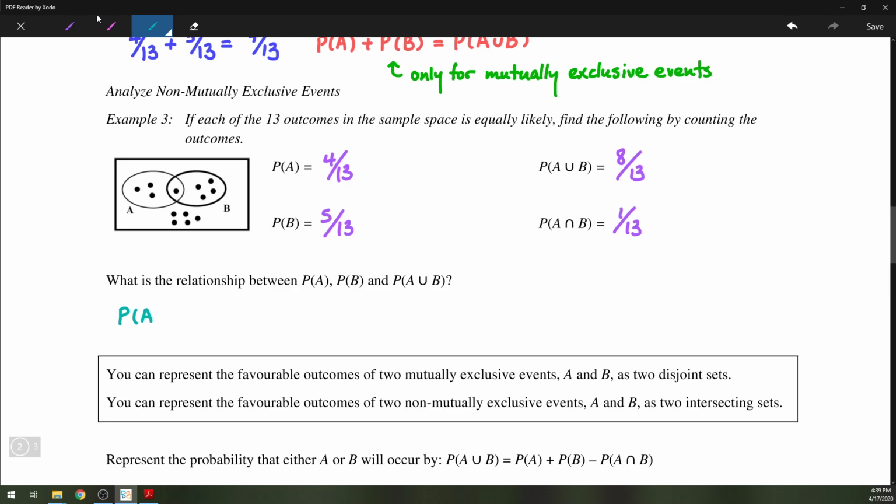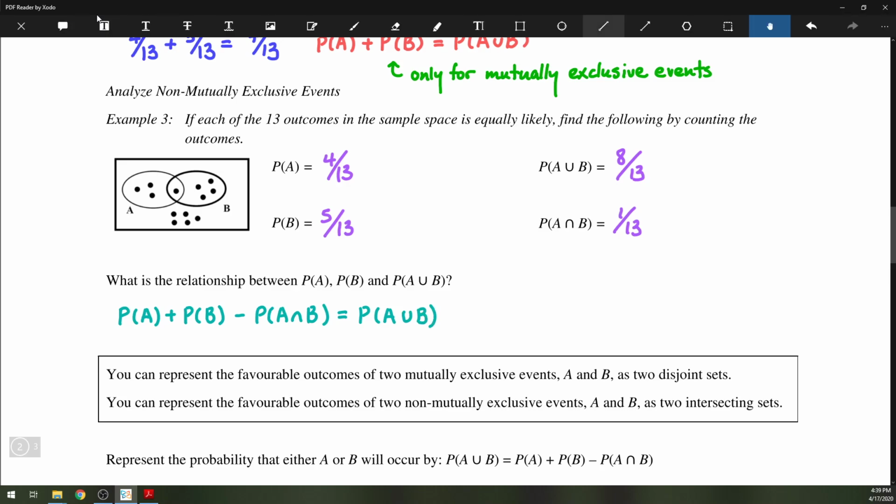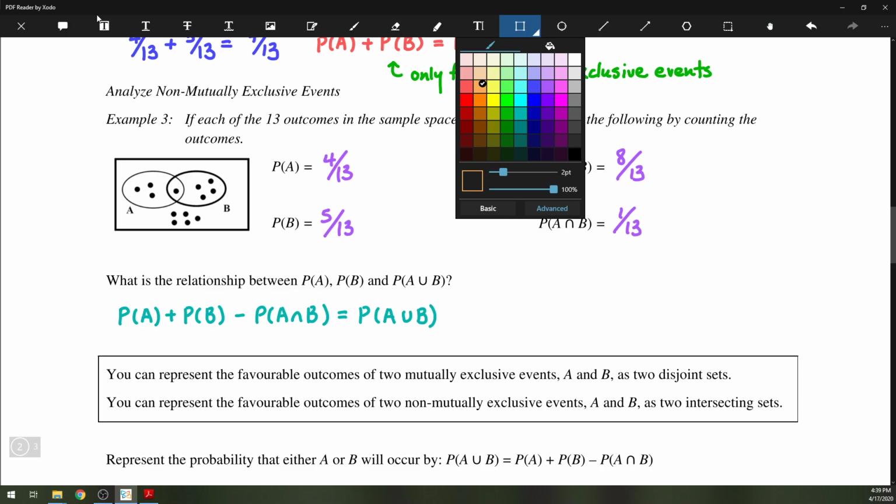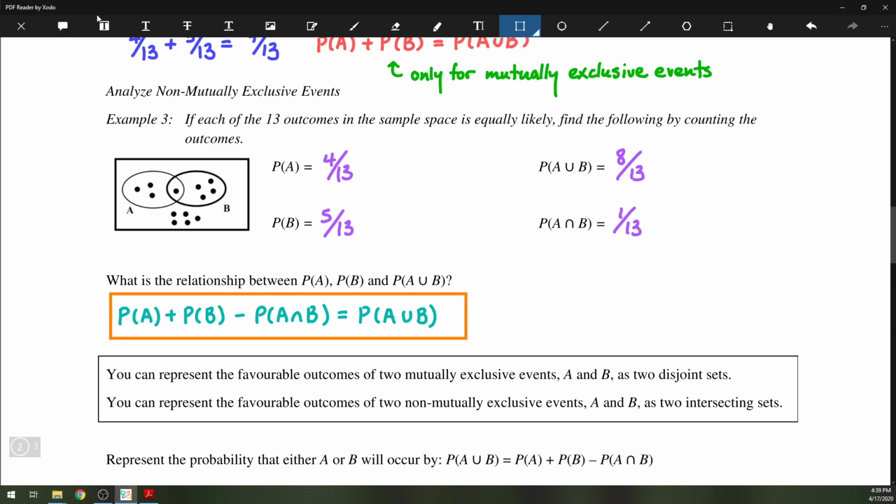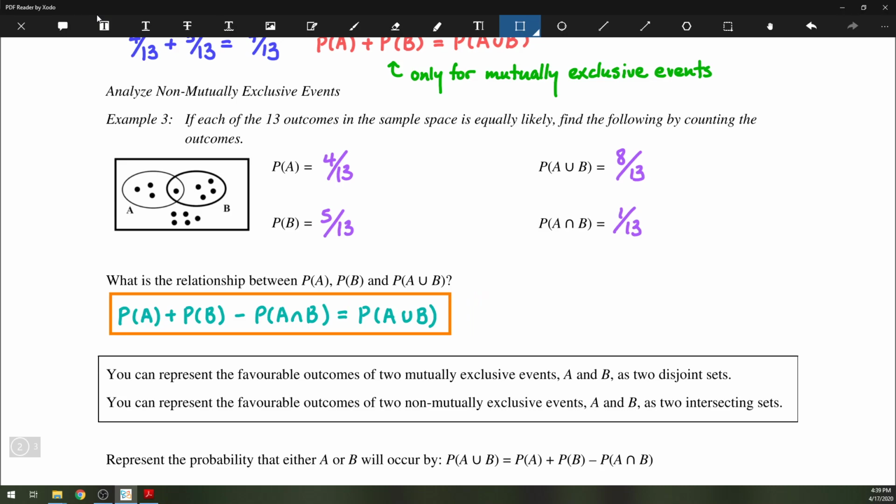So this would be probability of A plus probability of B minus the probability of A and B, and that would be equal to the probability of A or B. Okay, and that's kind of the key for today because it applies for mutually exclusive events and also events that are not mutually exclusive. If the events were mutually exclusive, this number here will simply be 0. This number right here.